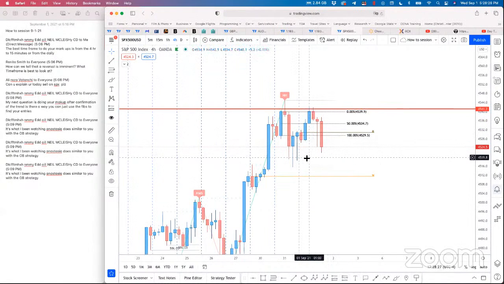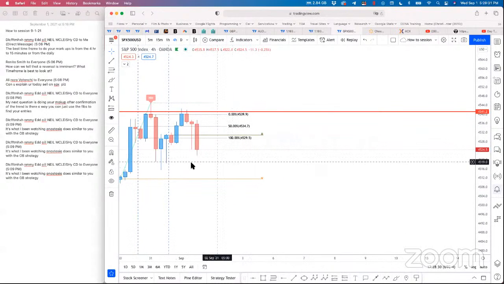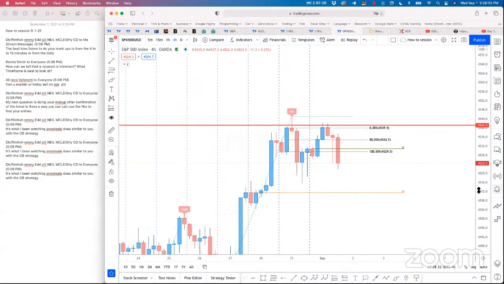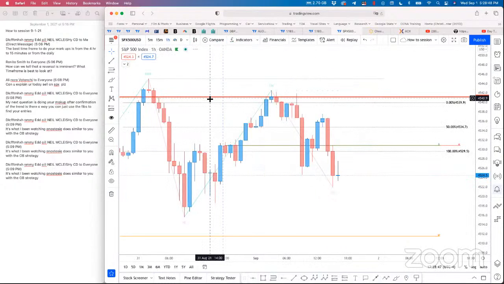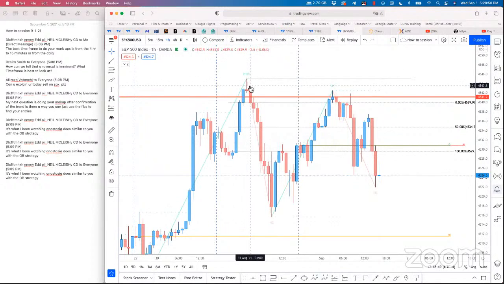So if we see, like we have this morning, we are oversold, overbought on the daily and the 4 hour. And when we come down to the 1 hour, you'll see we already started rejecting here.